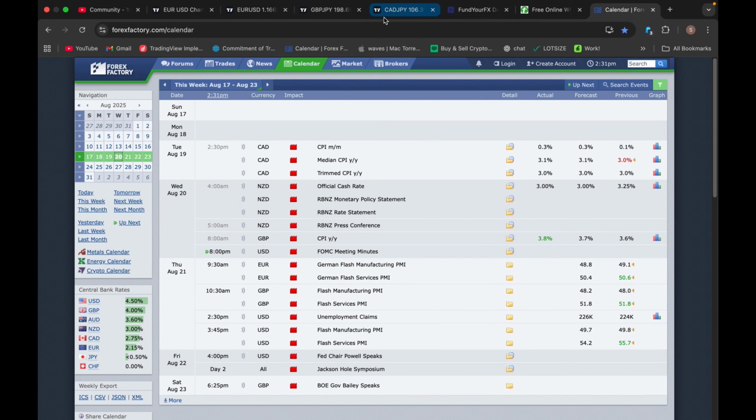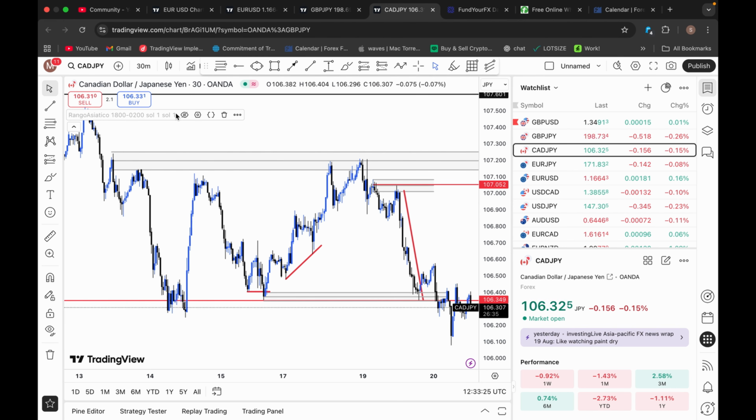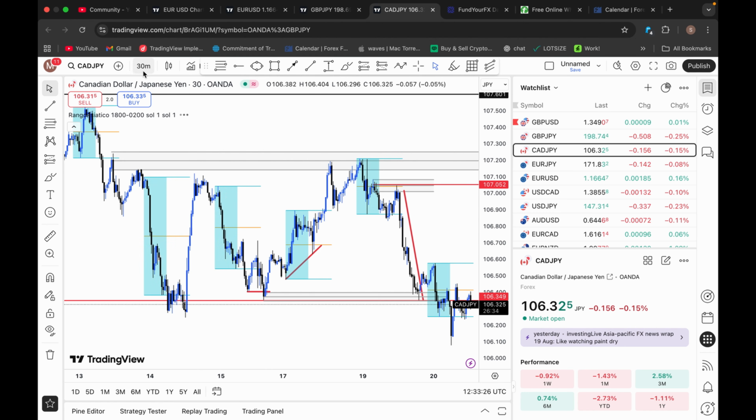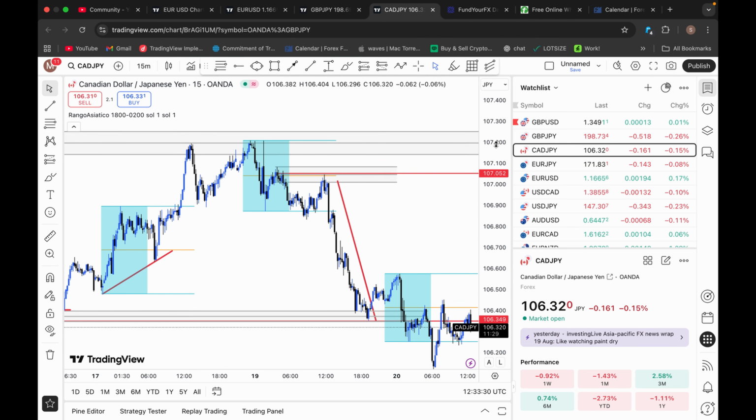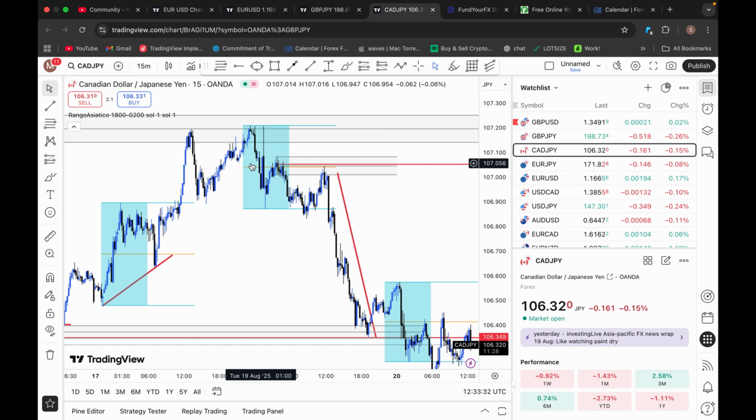So if we look at it from the charts, this is what we had. If we go to the M15 time frame, very simple setup. The second leg was set during the Asian session, and the setup was given during London, around London, close to New York.